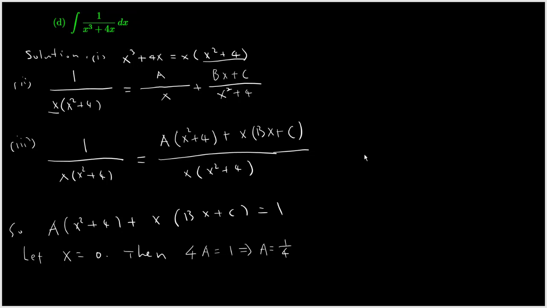And then to determine b and c is a little weird. So this time, after getting a value of 1/4, the equation becomes 1/4 times x squared plus 4, and then plus x times bx plus c is equal to 1.